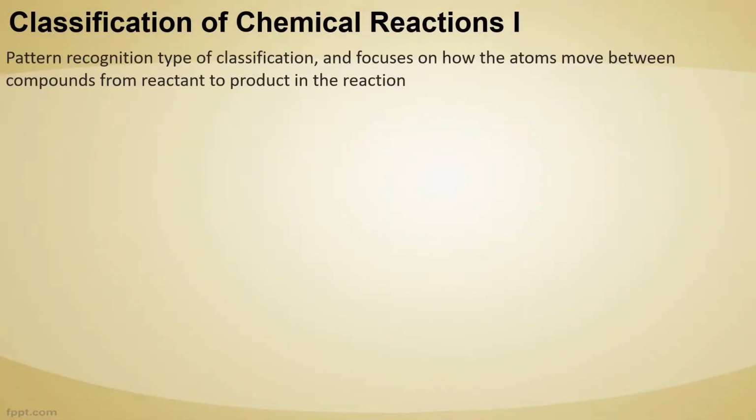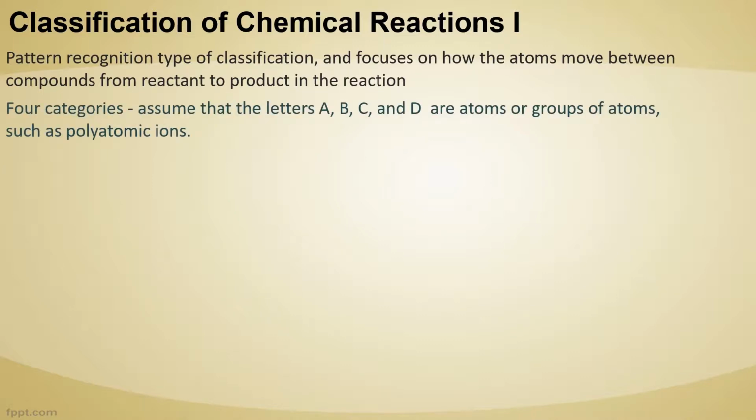The first method that we will describe involves a pattern recognition approach and focuses on how the atoms move between compounds as we go from reactants to products in the bond-breaking and making process of the reaction. We will look at four categories or reaction types in this classification scheme.